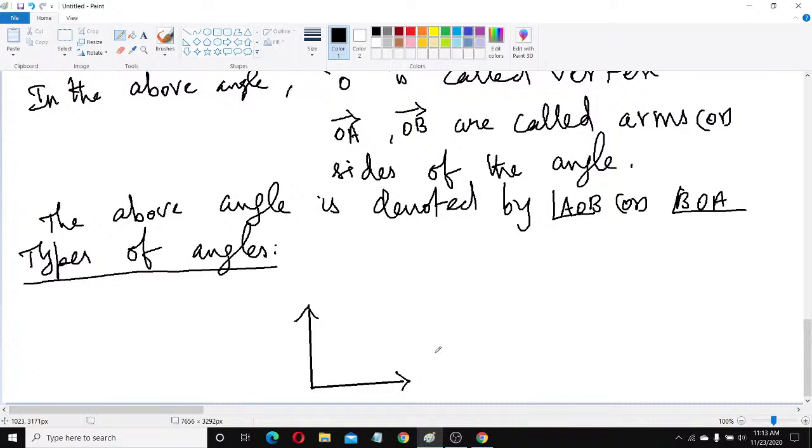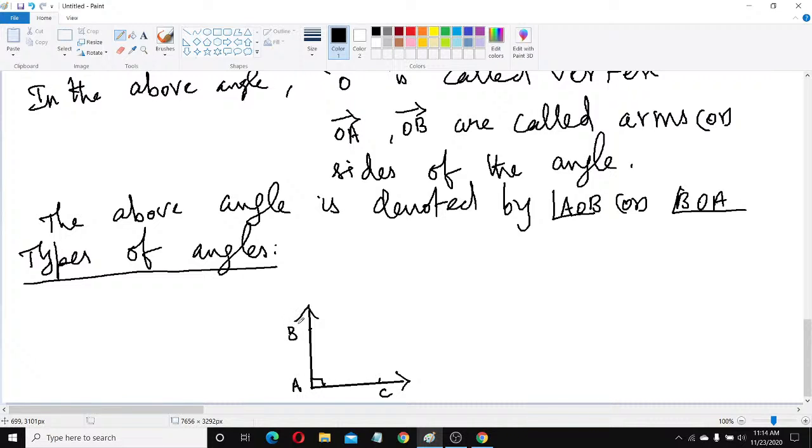Here in this figure, two rays are there. These two rays have the same initial point. So here I'll name it as A. A is the initial point of this ray and A is the initial point of the second ray also, children. So angle is formed at this corner. Now here I'll mark the point B and here the point C. B is lying on this ray and C is lying on this ray.